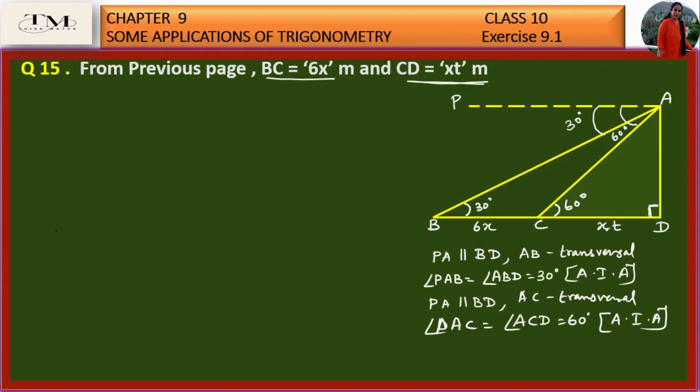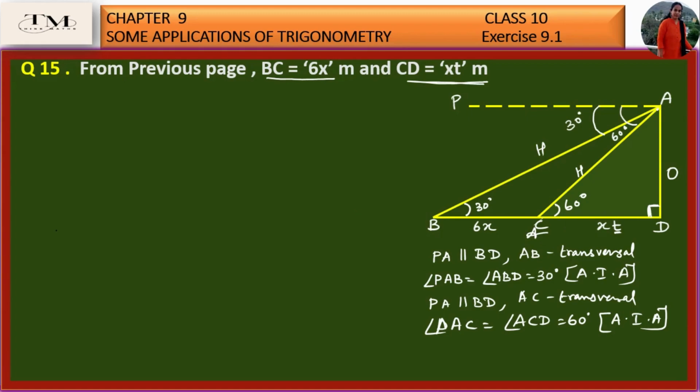Now what we have to find? We have to find this t, the time taken to travel from C to D. The 30 degree angle is opposite AD, and the 60 degree angle is also opposite AD. D is 90 degrees, so the hypotenuse is the side opposite the 90 degree angle for the triangles ACD and ABD. The base is the adjacent side.